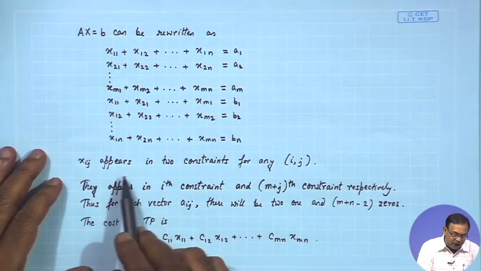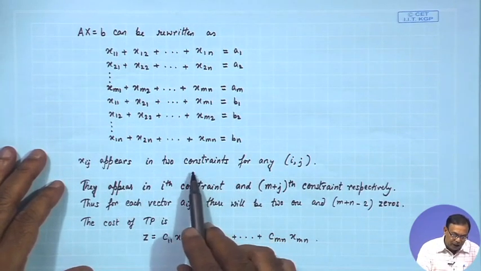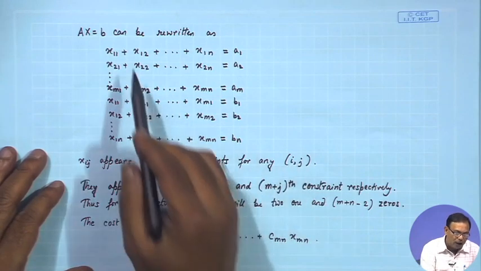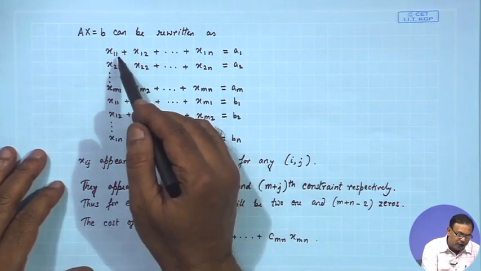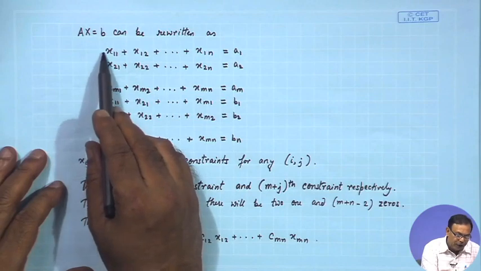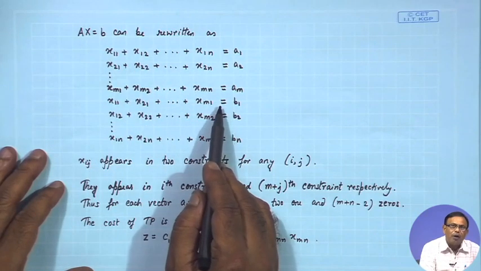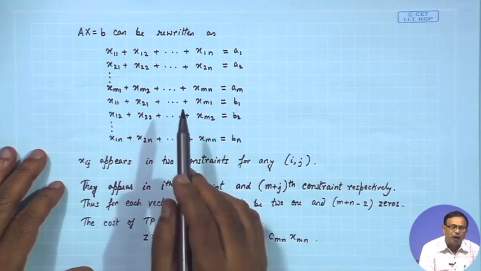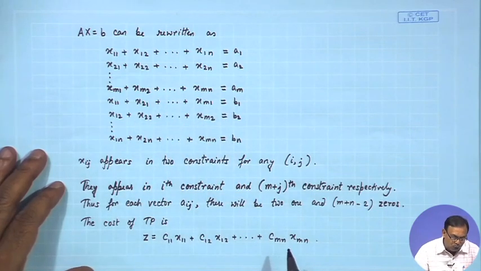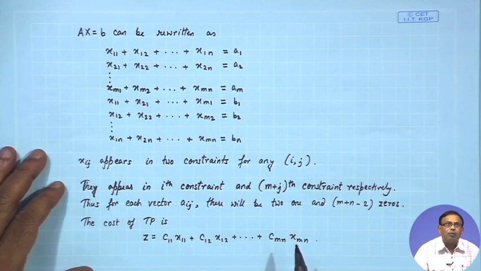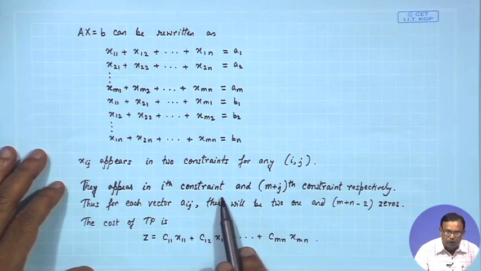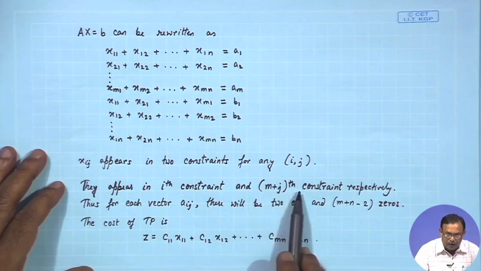So, xij appears, if you see, in 2 constraints for each i and j. x11, if you see, appears in the first row and it appears on this row. Similarly, xij will appear in only 2 constraints, not more than 2 constraints. So, they appear in the ith constraint and the (m plus j)th constraint respectively.